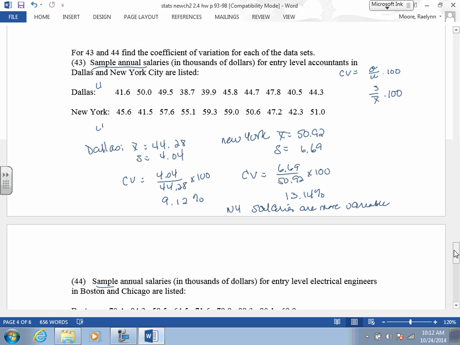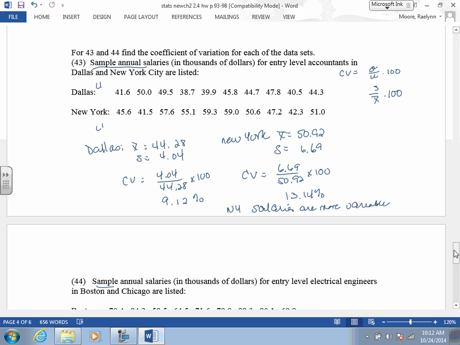Okay, to compare 2 different data sets, we need a way to compare how they vary within its own mean and standard deviation. So we took a look at 2 cities, and we looked at their entry-level salaries for their accountants. Now, you can't put this all in one data set because their means and their standard deviations are both different.